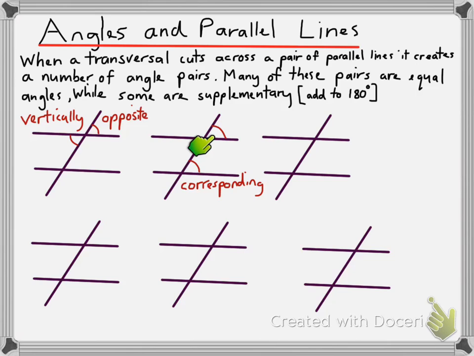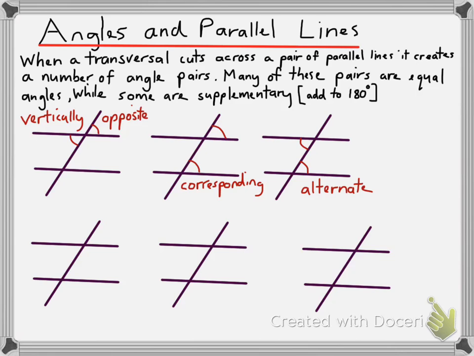So if you imagine this was the deck of the QE2 and this was the upper deck, somebody might be sitting here on a chair and somebody on the deck below might be sitting on a chair, and you can see they're in the same relative position, just that one's above the other, and so they are the same angle. So corresponding angles occur here and here. There are other examples of corresponding angles, for example in this region here and also in this region here.